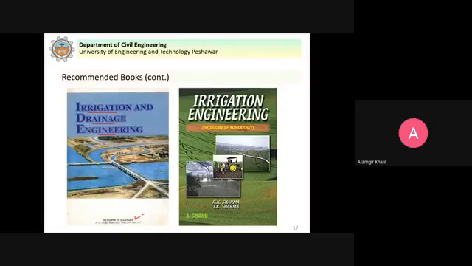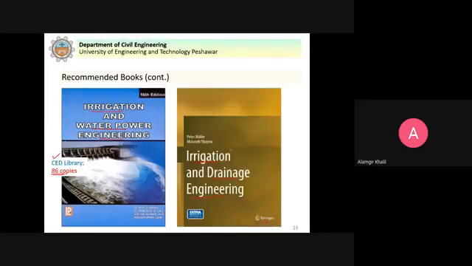Now you can see here that most of the books are from Indian or Pakistani authors. We also have books, for example Irrigation and Drainage Engineering, by authors from developed countries. The reason is that the latest irrigation books, whether British or US, mainly talk about emerging technologies in irrigation, as I already explained, the sprinkler and trickle irrigation systems.